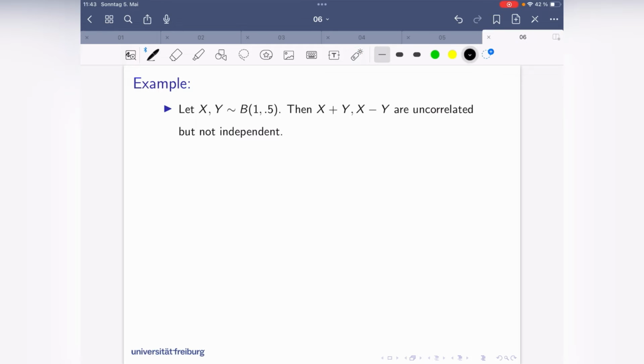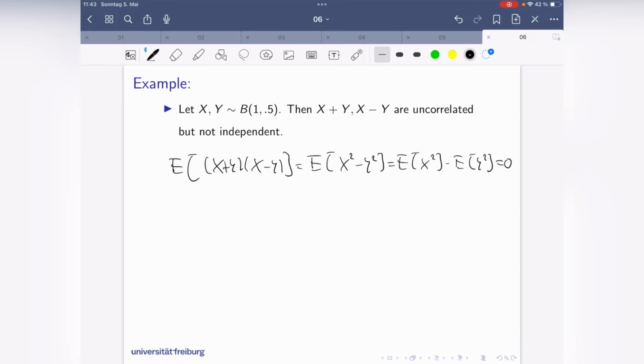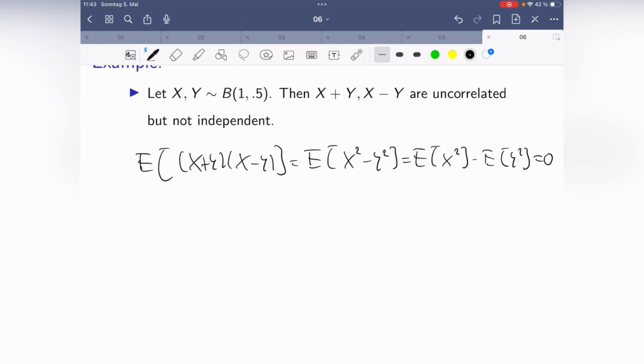And it's an easy computation that the expectation of x plus y times x minus y, which is by the binomial formula the same as expectation of x squared minus y squared, which is by linearity the expectation of x squared minus the expectation of y squared, which is 0 because both have the same distribution, which means they are uncorrelated, but they are not independent.